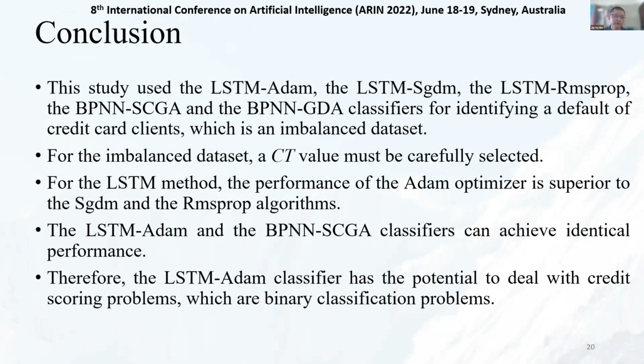Conclusion. For the imbalanced dataset, a CT value must be carefully selected. For the LSTM method, the performance of the ADAM optimizer is superior to the SGDM and RMS algorithms, and the LSTM-Adam and BPNN-SCGA classifiers can achieve the same or identical performance.